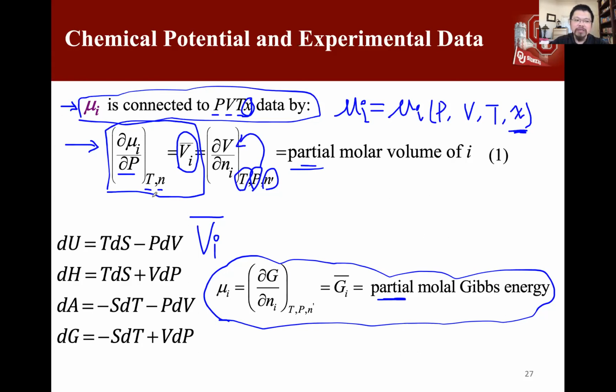Otherwise I would have to force you to accept those concepts, and that's not a quite enjoyable process on your side, right? You would always be curious to see why I can tell you that partial molar volume is related to this newly derived chemical potential. So let's take a look.